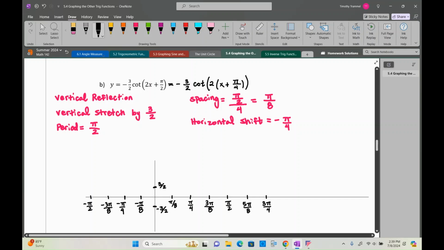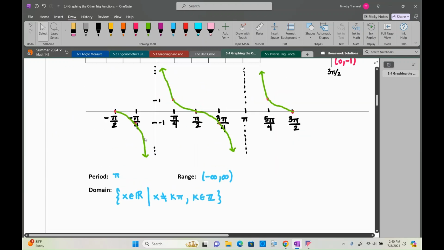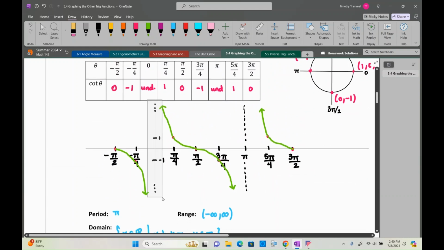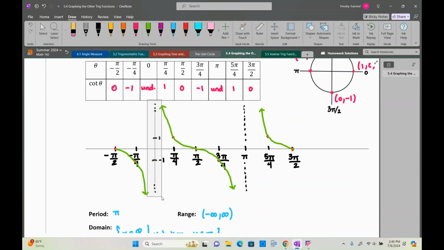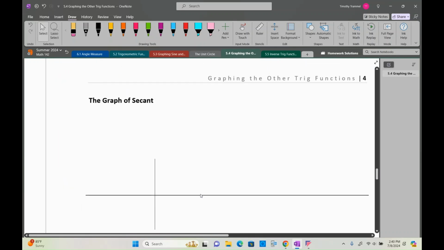So for cotangent, what I like to always think about is, what happens to this very first vertical asymptote? Where is x equals 0 going to get moved to? Okay. So this vertical asymptote that I've highlighted here should be getting shifted over by pi over 4 units, right?